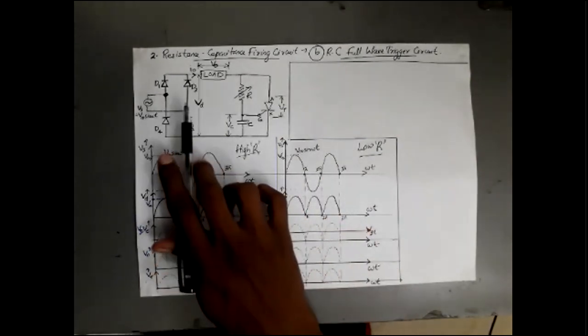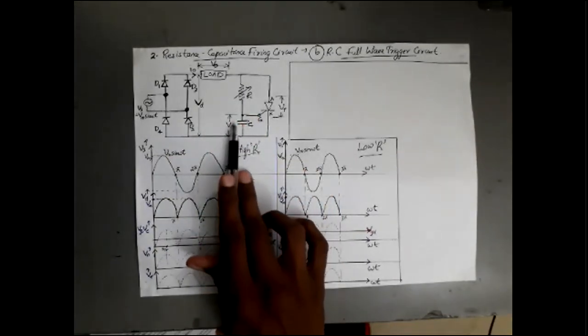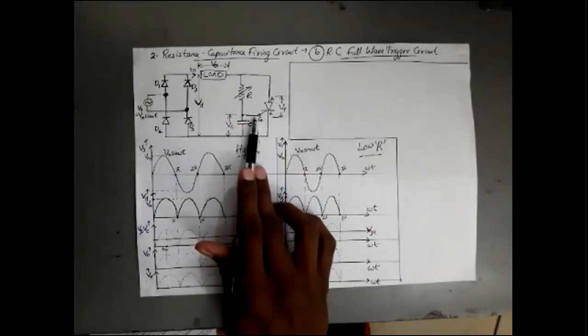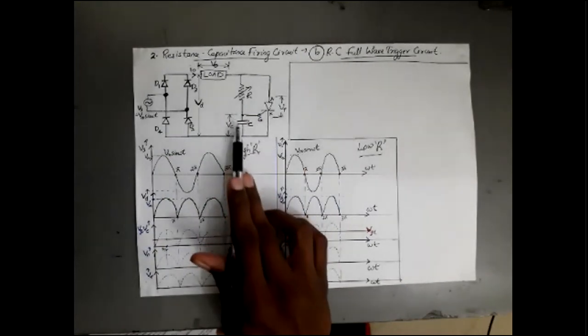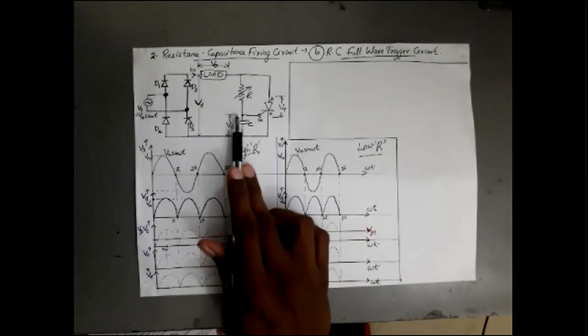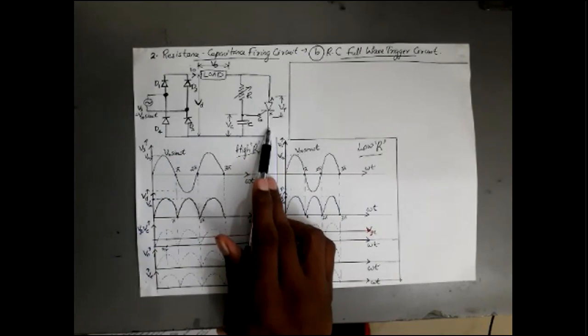In the circuit, the triggering pulse, so the same circuit, a capacitor is connected across gate and cathode terminals. The voltage appearing across my capacitor, that is VC, will be applied as a gate voltage for my gate to cathode terminals.